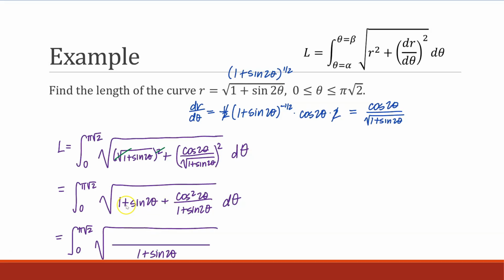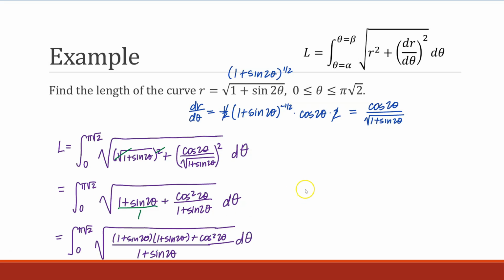So we're going to have to multiply this side over here on the top and bottom. So like this is over 1. So we'll multiply the top and bottom by a 1 plus sine of 2 theta. So that's going to be 1 plus sine of 2 theta times 1 plus sine of 2 theta plus that cosine squared 2 theta on the top.